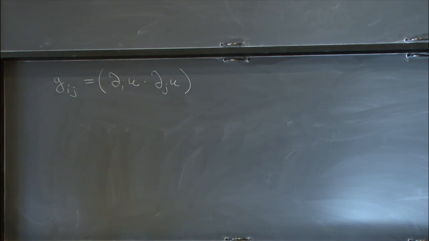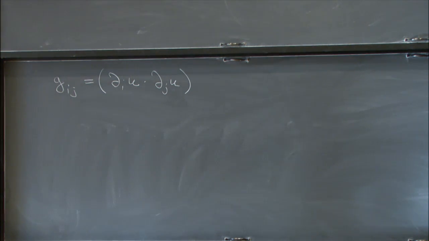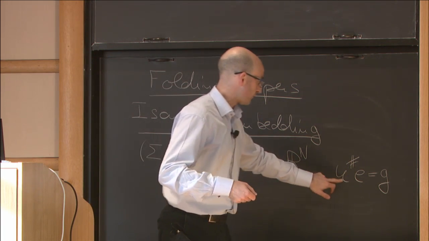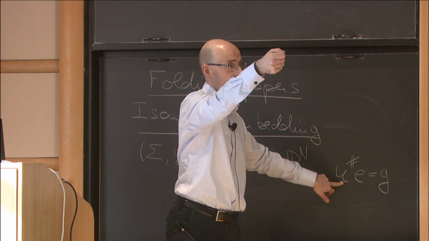Okay. On the other hand, another way you can define an isometric embedding is simply to say that you have an intrinsic definition of length in Σ, and you just want curves of a certain length in Σ to get mapped into curves of the same length in R^n.